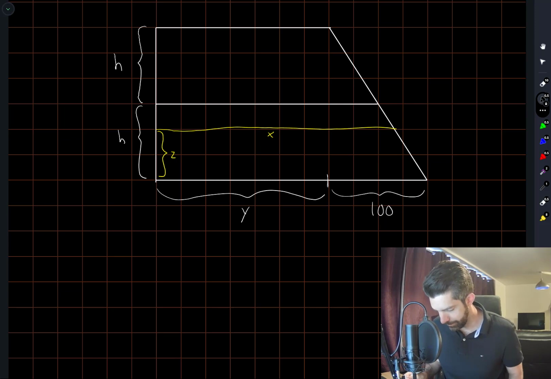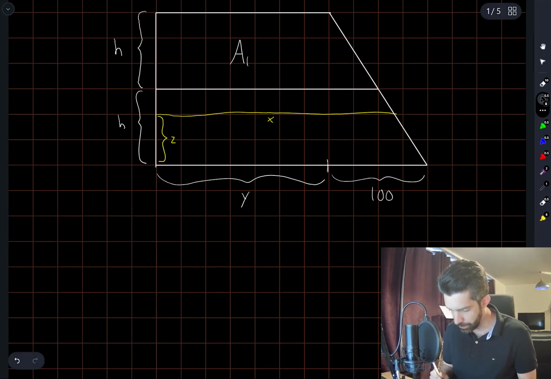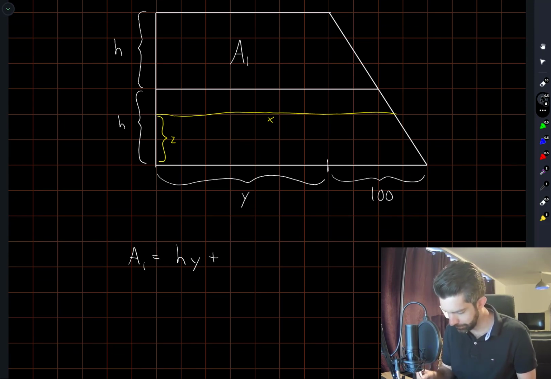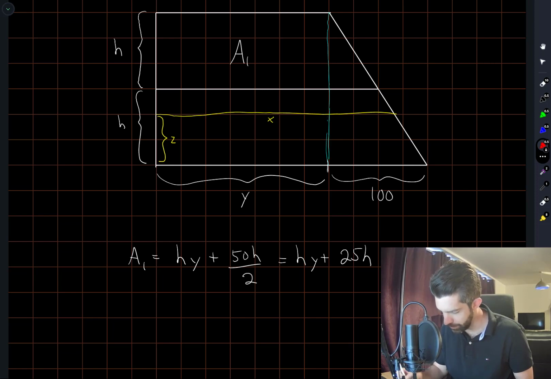How do I want to do this? A1 is the top part. A1 is equal to h times y plus 50h over 2. Okay, so this triangle here, this distance is 50.